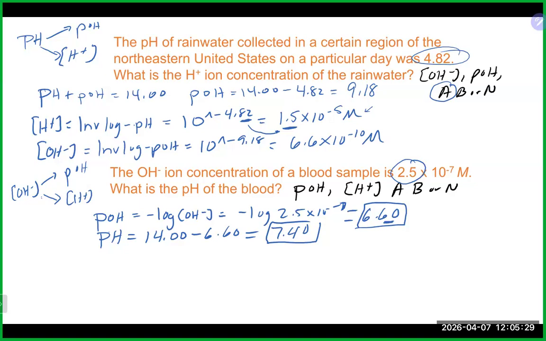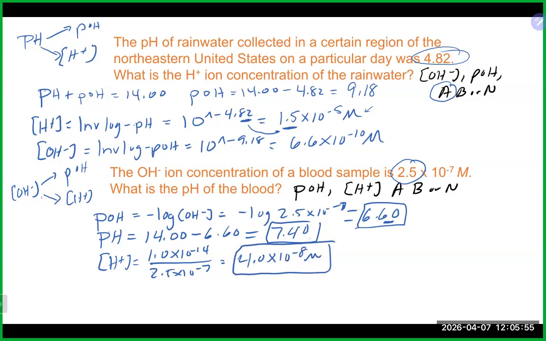What are we left with there? H+. So again, if you want to throw back old school there, you can roll a little H+ and Kw if you like: 10 to the minus 14 divided by 2.5 times 10 to the minus 7. And you've got yourself a 4 with a lot of zeros, 4 times 10 to the minus 8 molar, obviously, because at this point you do have the pOH.